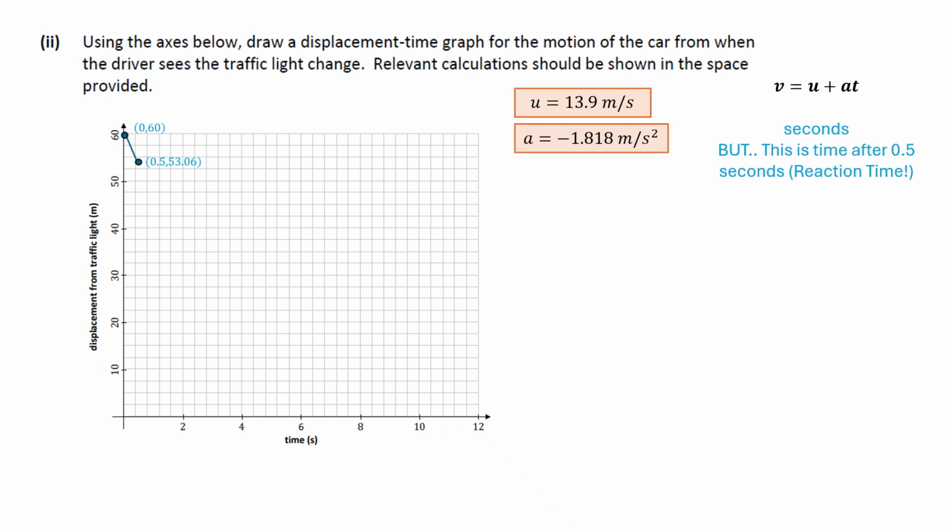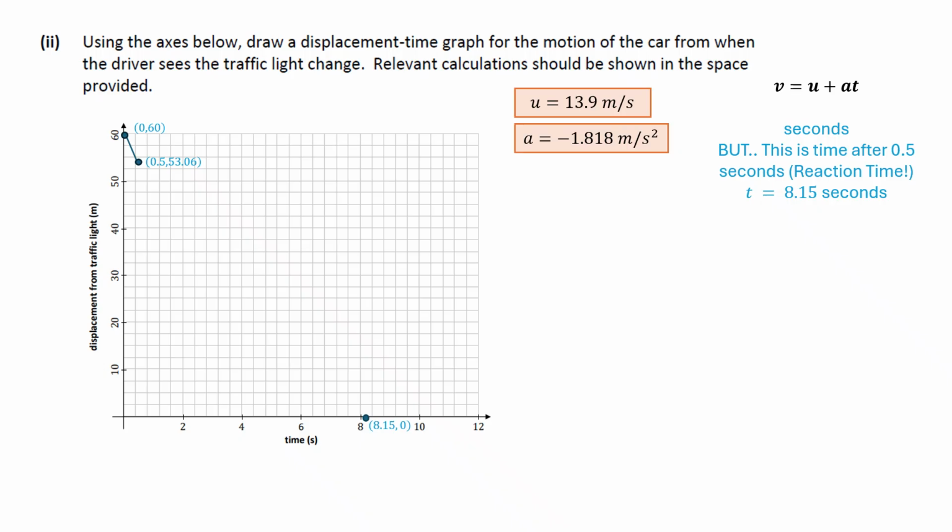So working that through, we're getting 7.64. But bear in mind that because of that 0.5 second reaction time, the time on the graph is going to be 8.15 seconds. So that's what it works out as here, 8.15.